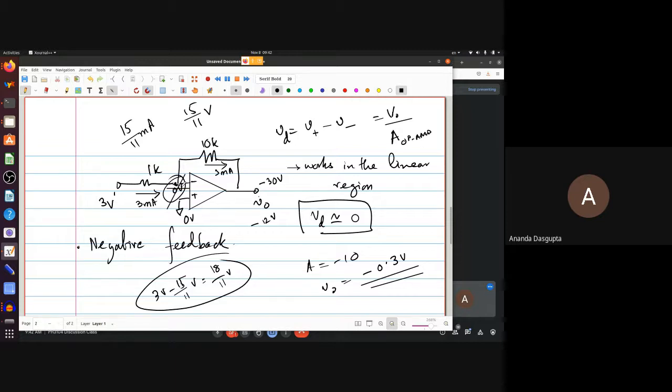So that's the easiest way to figure out whether virtual ground will be there or not. You just assume it is there, calculate with it, and see whether everything is consistent. If your output voltage turns out to be within minus 12 and plus 12, then whatever assumption you made at the beginning is fine. You do have virtual ground.